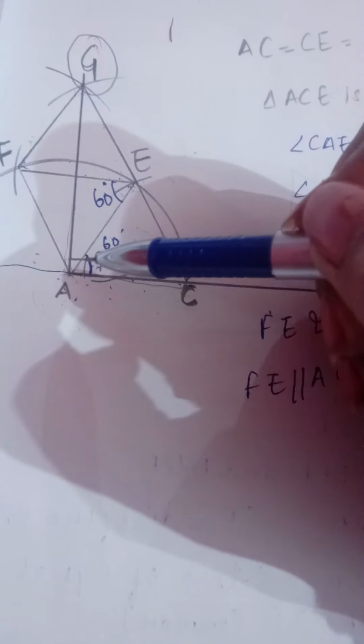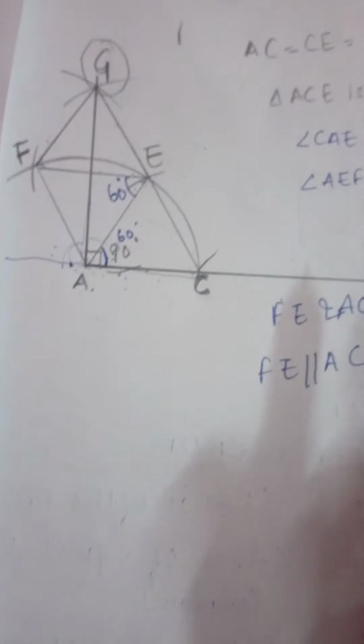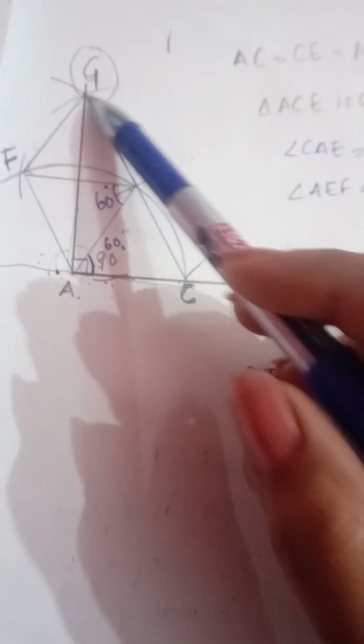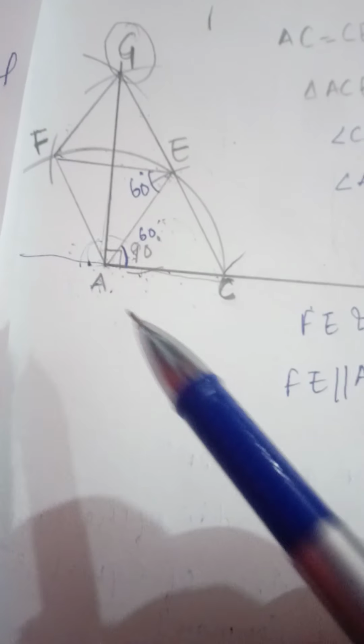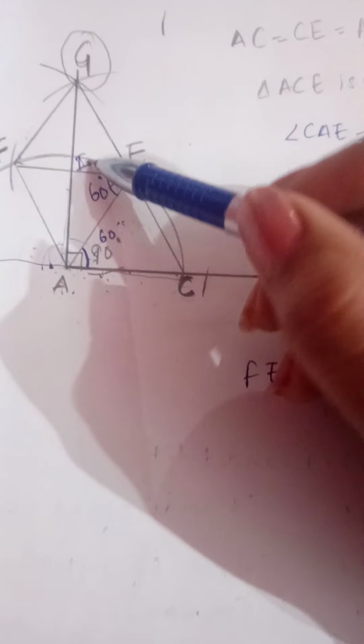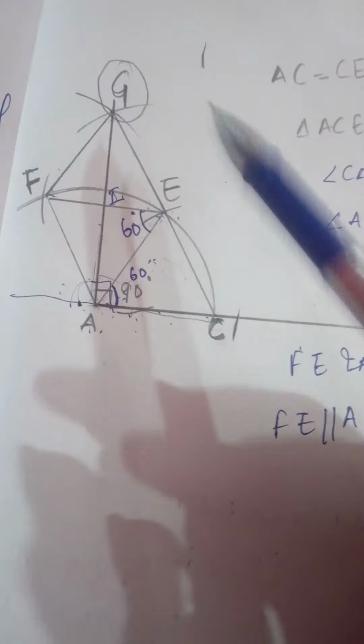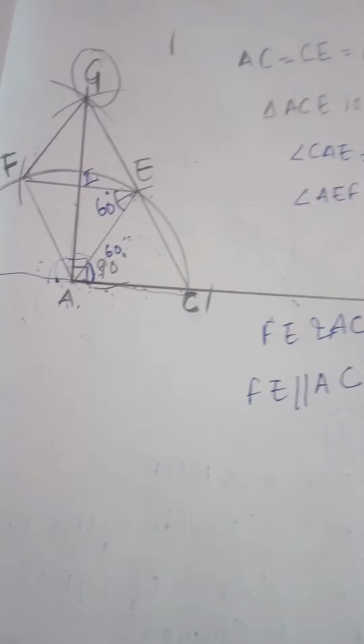The whole line was 180 degrees, so bisecting means dividing into angles of 90 and 90 degrees. Let us consider the intersection point as I. So angle GIE will be 90 degrees. Hence the justification is made that angle GAB is 90 degrees.